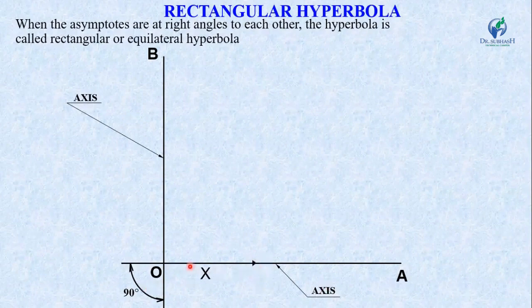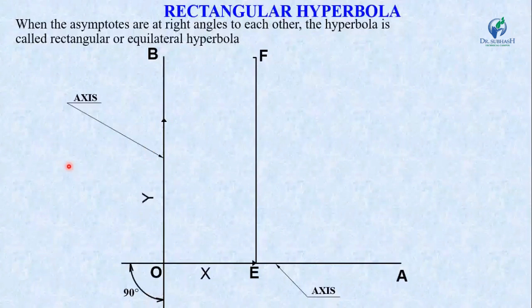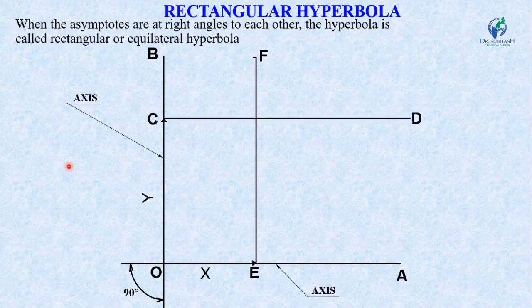This is the asymptote x. Mark a point E at distance x, and draw a vertical line EF which is parallel to OB. Now similarly, mark a point on the line OB at a distance of y, and this point is C. Now from point C, draw the horizontal line CD, and these two are the asymptotes x and y as per the given data.